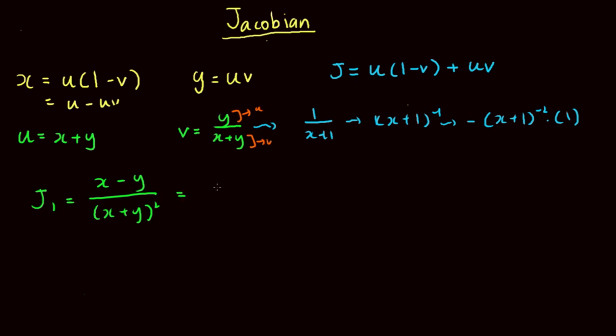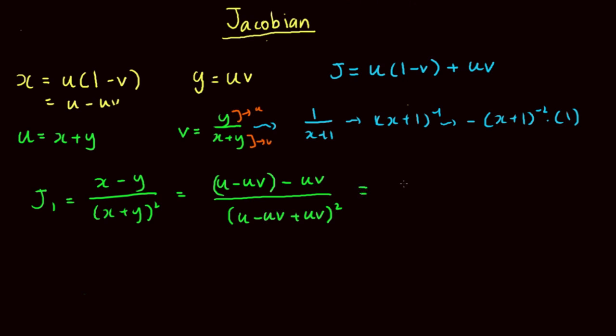It would be u minus uv, minus uv, over u minus uv plus uv squared.